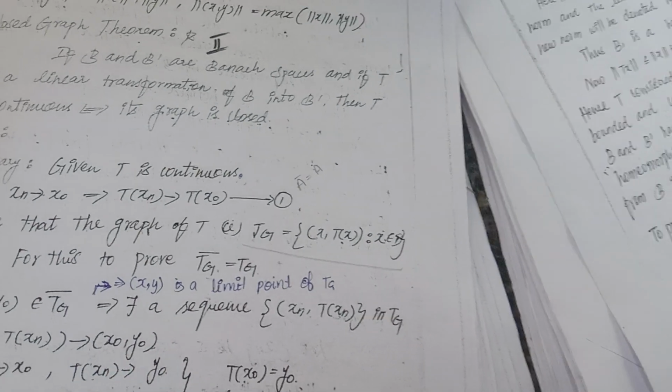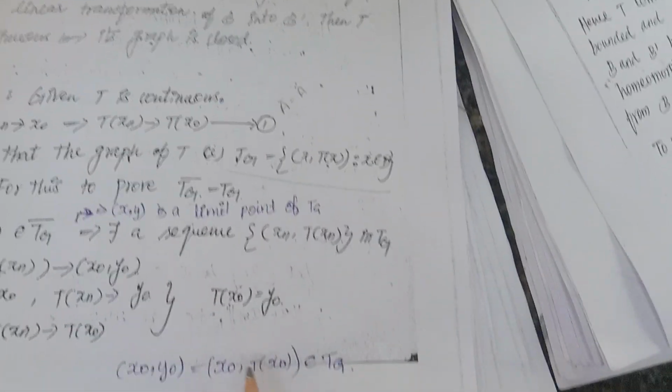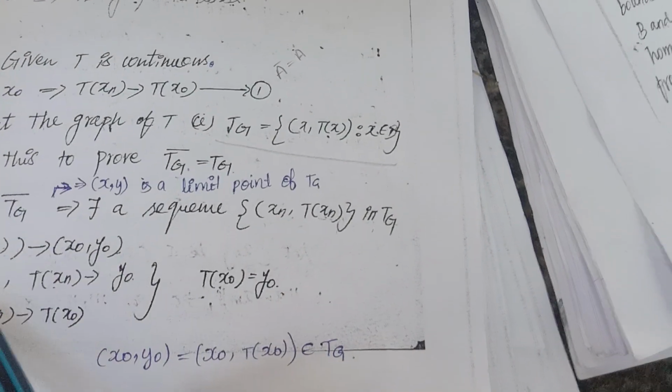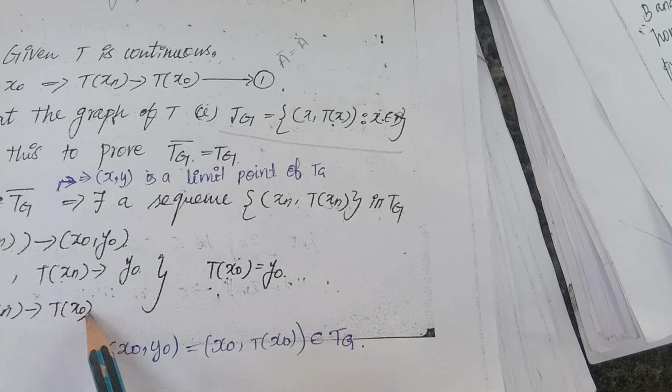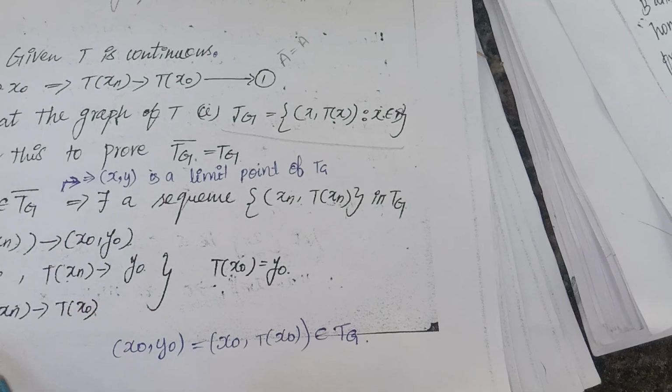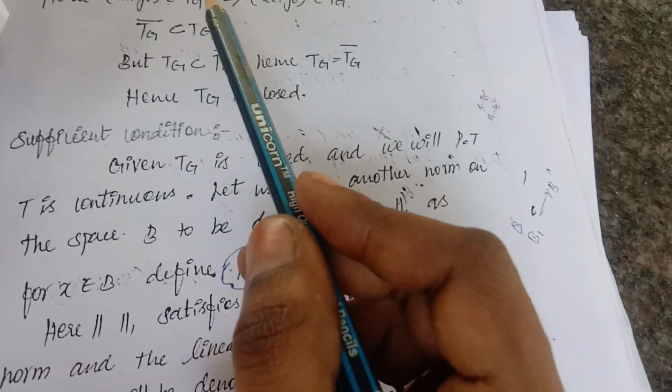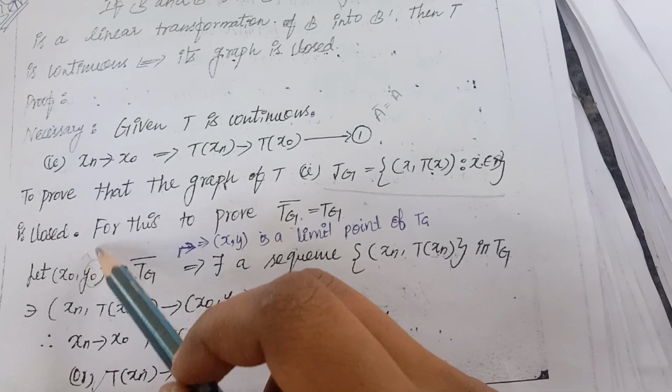So y naught can be written as T of x naught. That is, the transformation of x naught is equal to y naught. So T of xn converges to T of x naught. Since x naught belongs to B, we get that the given x naught comma y naught in the closure of G of T has y naught replaced by T of x naught.